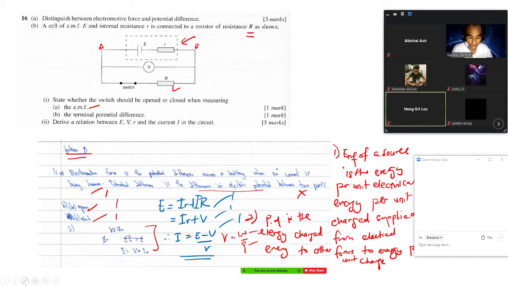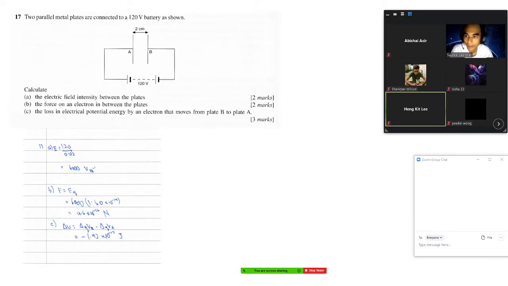So we go to question number 17. Two parallel plates are connected to a 120 volt battery as shown. Calculate the electric field intensity between the plates, then the force on an electron between the plates, and the loss of electrical energy by the electron that moves from plate A to plate B. So E equals V over d.